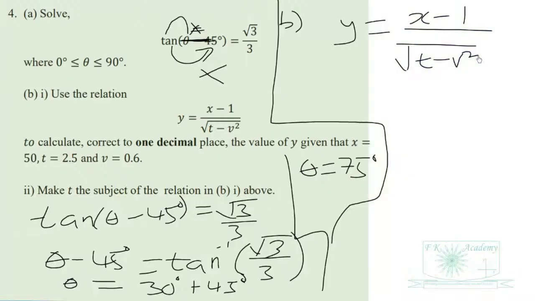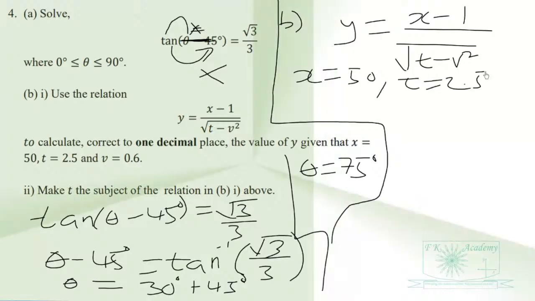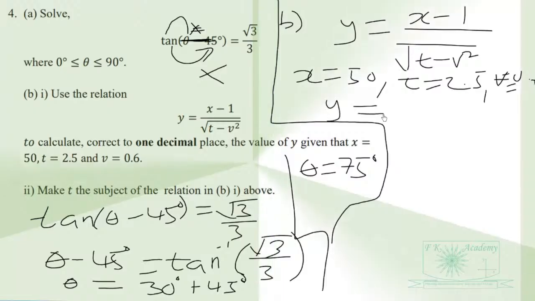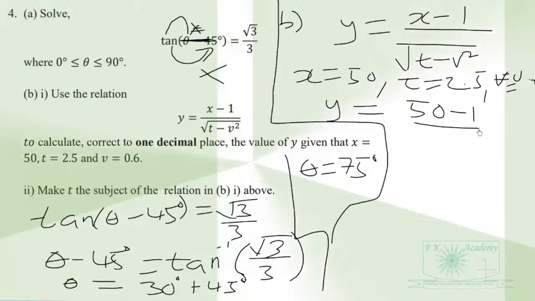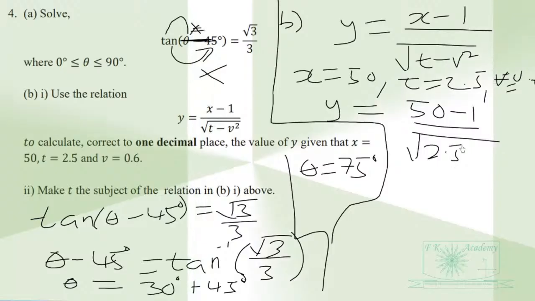So we are going to put x equal 50, then we put t equal 2.5, then we put v equal 0.6. So that will give us y to be equal to x, which is 50, minus 1 all over square root of 2.5 minus 0.6 squared.